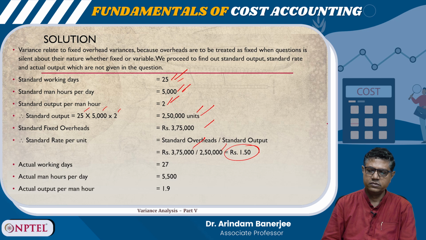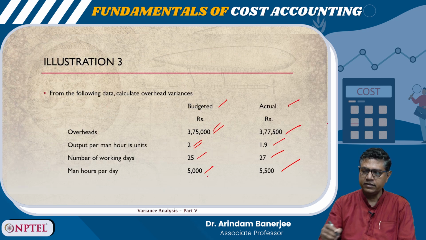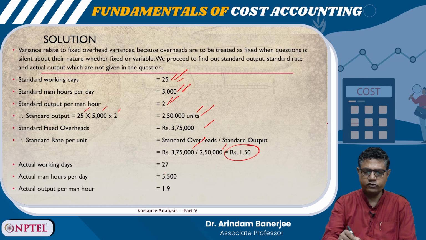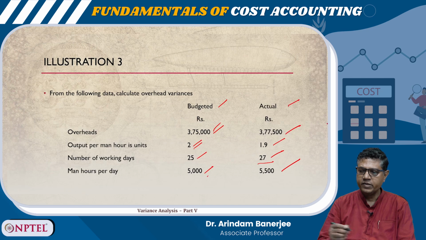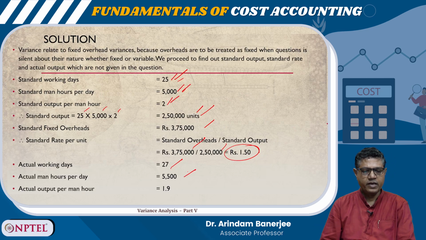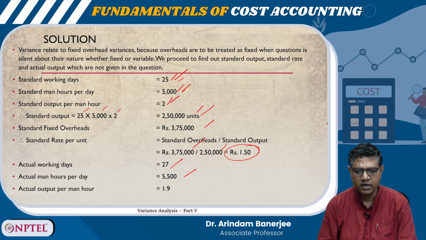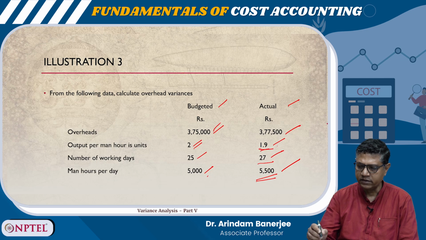So, rupees 1.50, right. And actual working days, it is given here, it is 27, right. Actual man hours per day, it is 5,500, it is given. Actual output per man hour it is 1.9, it is given here.